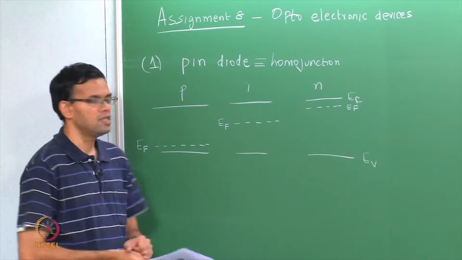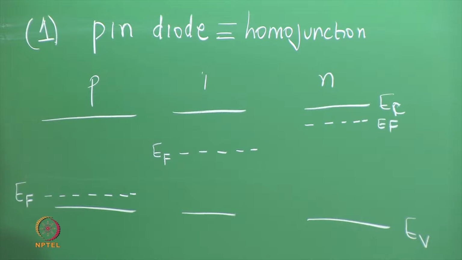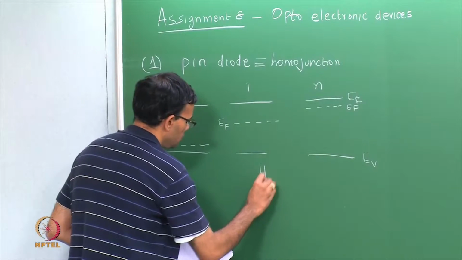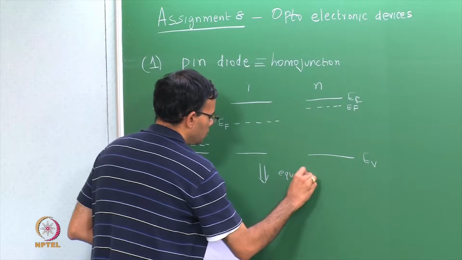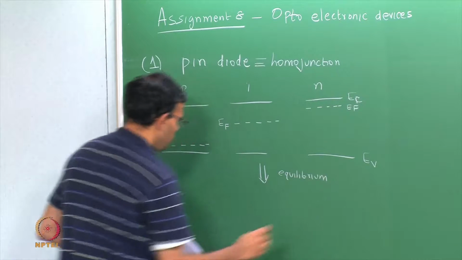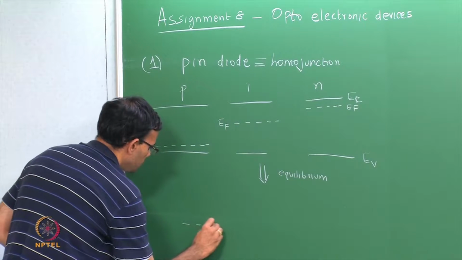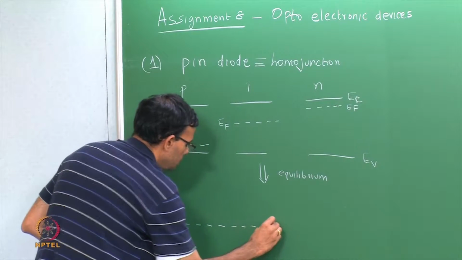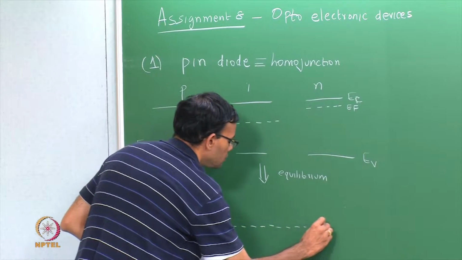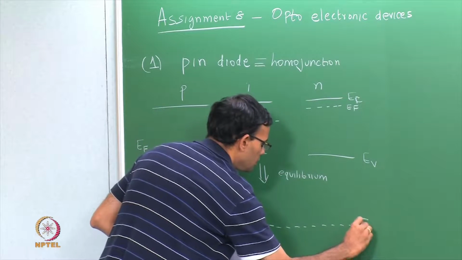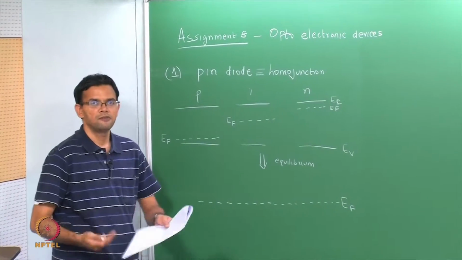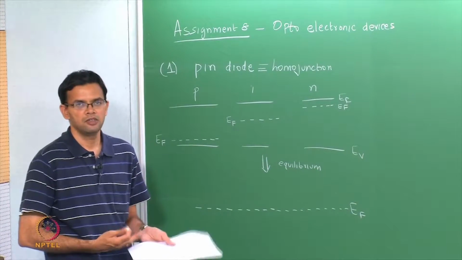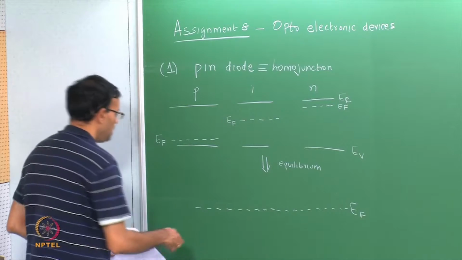When we have this in equilibrium, we know that the Fermi levels must line up. So, in equilibrium, I have the Fermi levels line up. Far away from the interface, your material still behaves as the same.